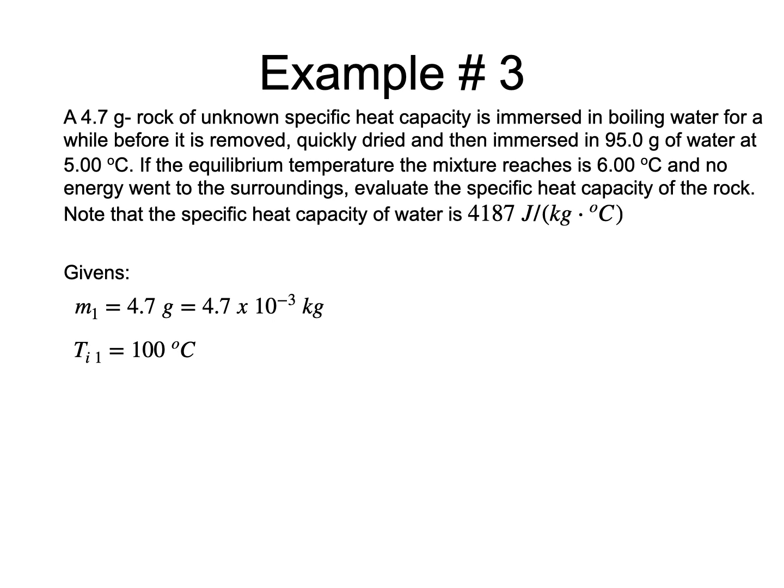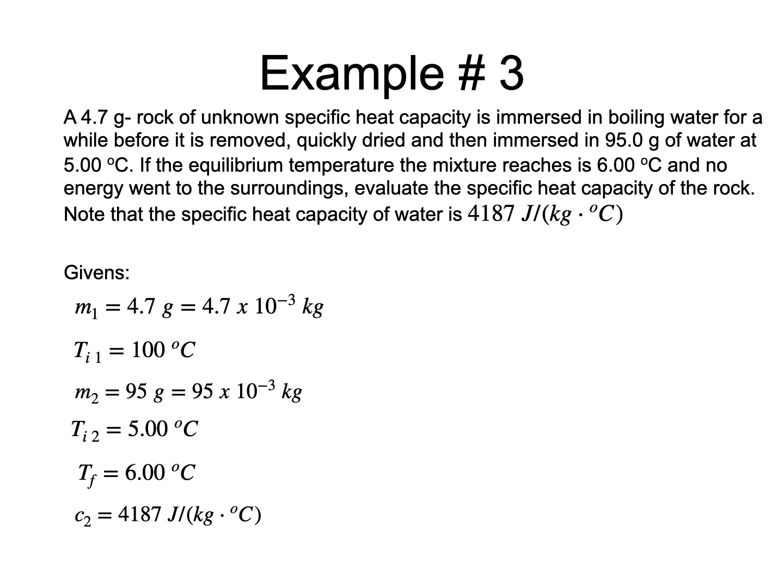The rock is then moved into a known mass of water, M2, with a near freezing temperature, Ti2. The rock cools down in this cold water until the water and the rock reach a final equilibrium temperature, Tf. We are also reminded of the value of the specific heat capacity of water, C2.